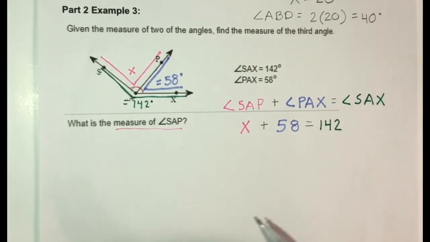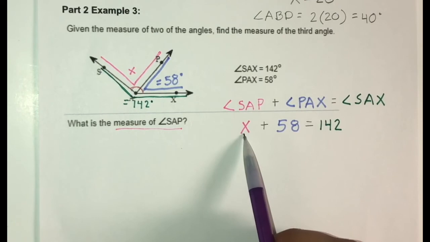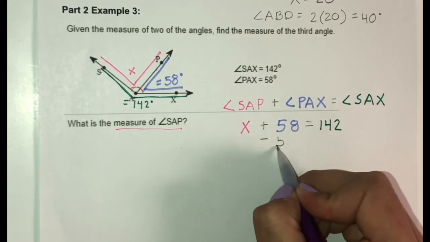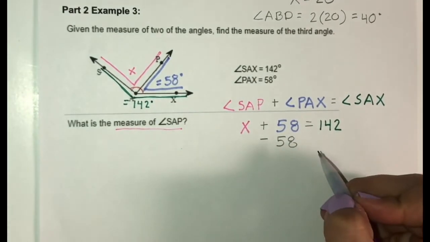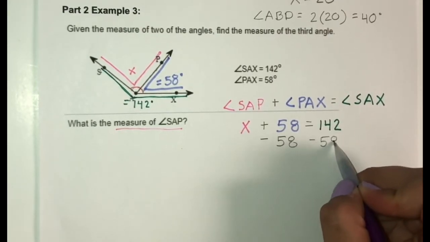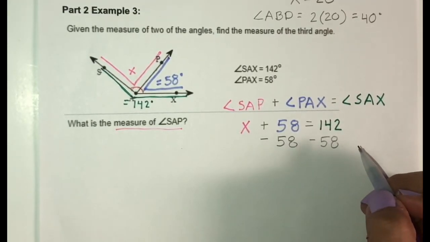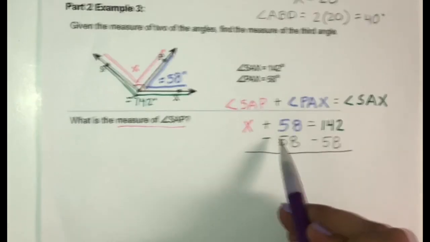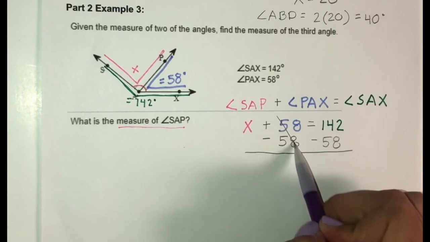I'm just going to use pencil to do that. If I'm solving for x, I have to move my constant first. If this is a positive 58, I'm going to subtract 58 on both sides. When I do that, 58 minus 58 cancels.